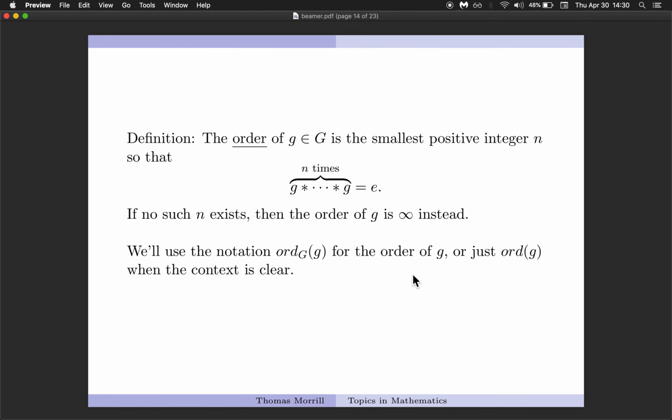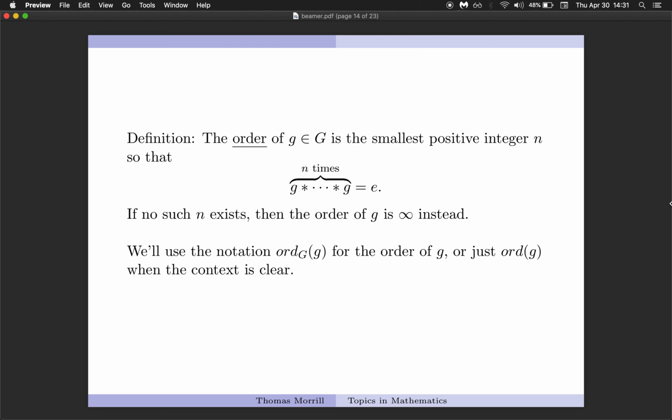So the order of my group element, lowercase g, is the smallest positive integer n, so that n copies of G together give me the identity. And that's assuming that this equation does have a solution. If no such n exists, then the order of G is going to be infinity instead, right? We're just going to define that.